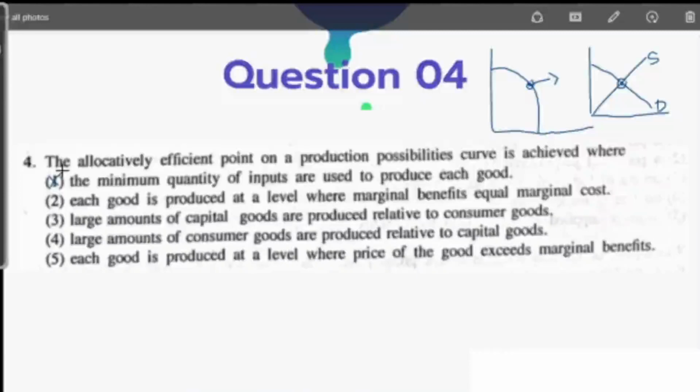Number 2. Each good is produced at a level where marginal benefits equal marginal cost. Now we find 2 different terms: marginal benefits and marginal cost. If you take marginal benefits, the definition of marginal benefit is the extra benefit gained by consuming an extra unit. So consumers are the group who represent demand.